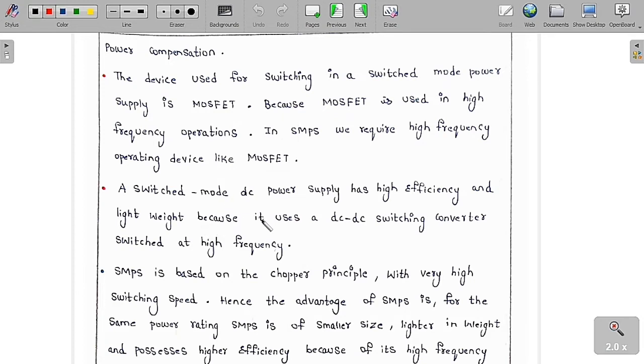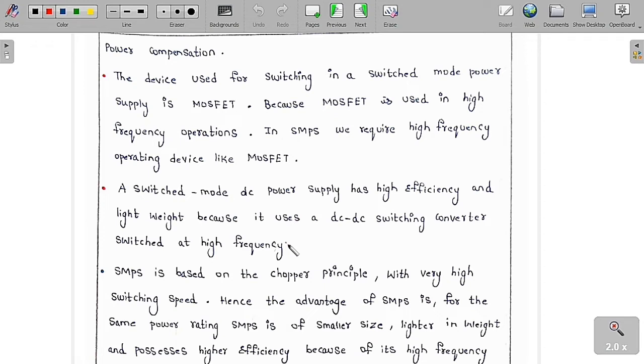A switched mode DC power supply has high efficiency and is lightweight, because it uses a DC to DC switching converter switched at high frequency.